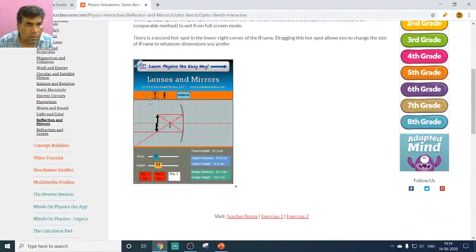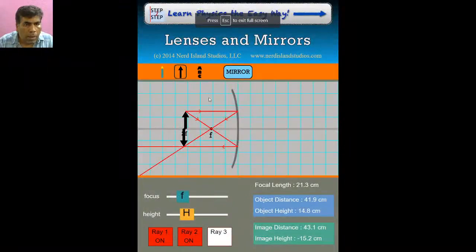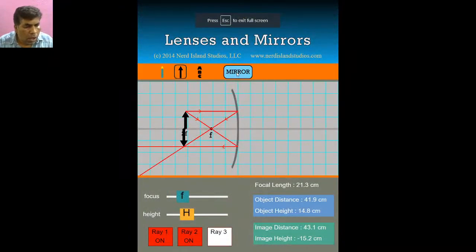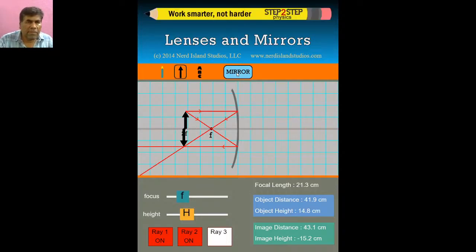Here, let's see the behavior of the convex mirror and concave mirror. If you are in front of a plain mirror and you move back and front, nothing will happen to your image.